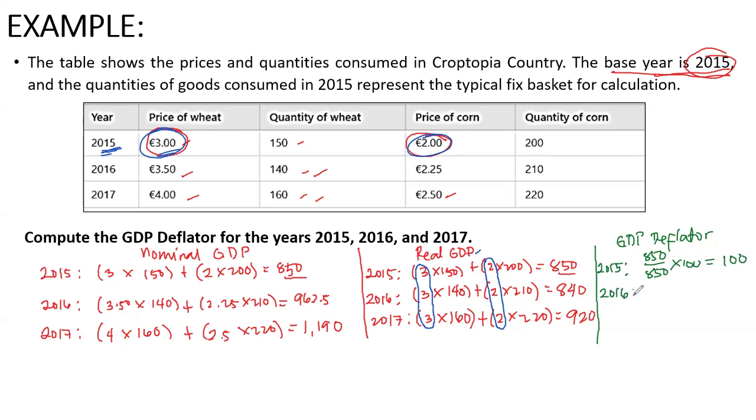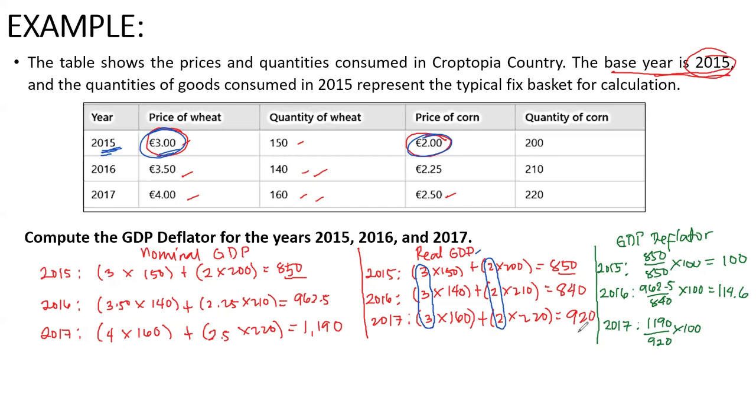While in 2016, our GDP deflator is 962.5 divided by 840 times 100. That is 114.6, or 114.58. While in 2017, we have 1,190 divided by 920 times 100.